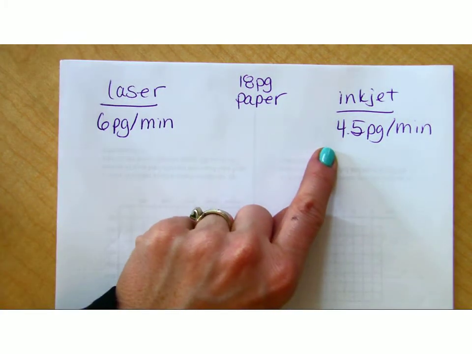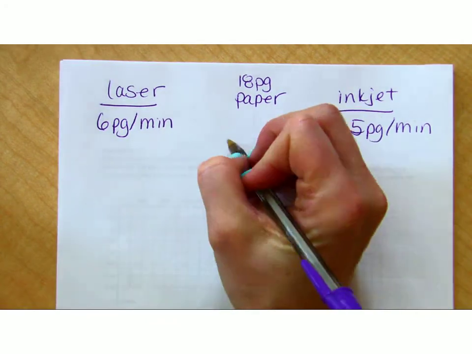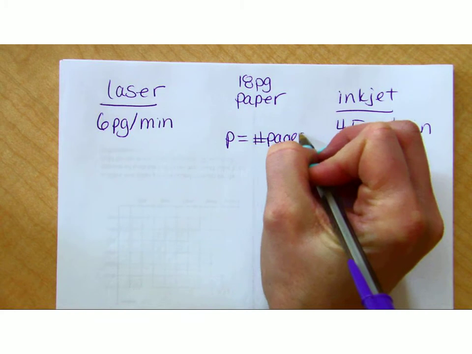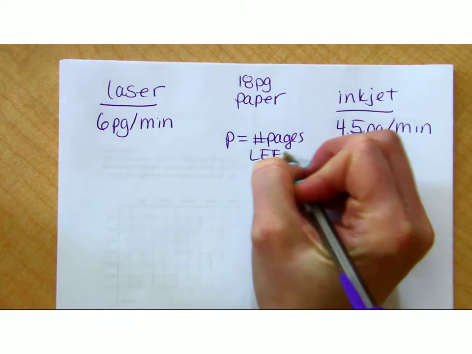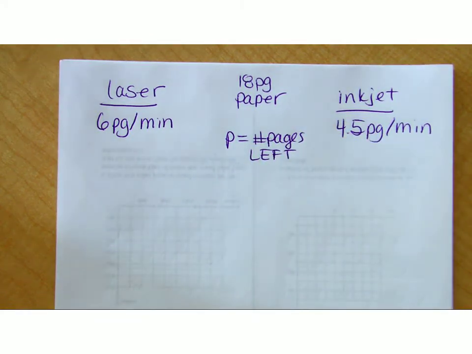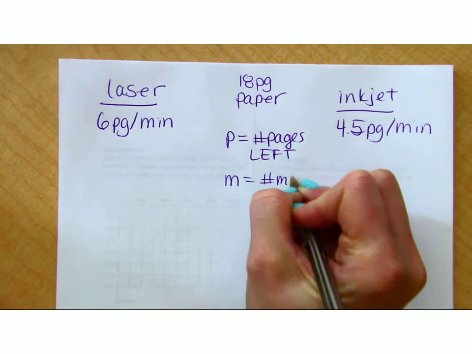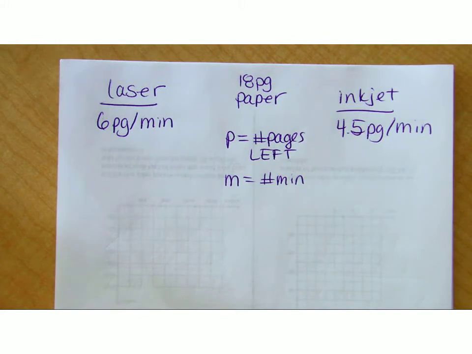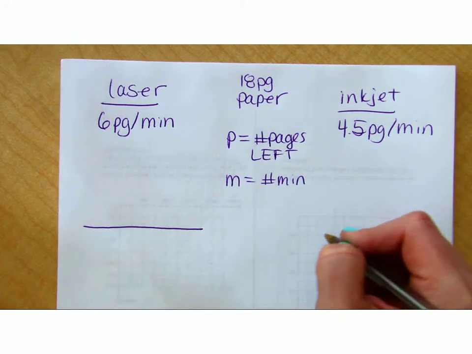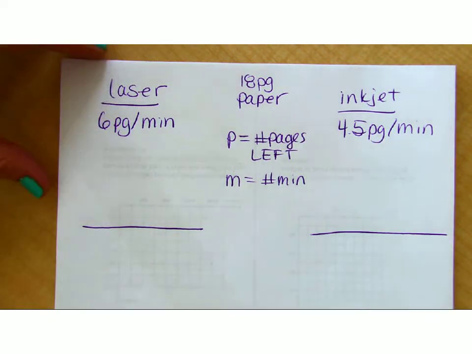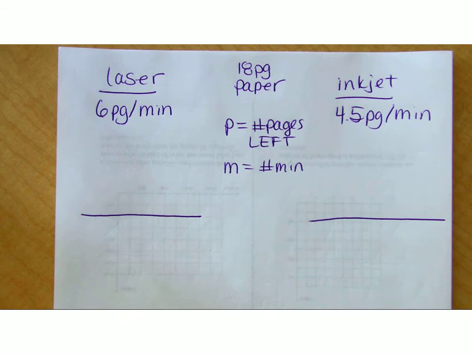So if we let P equal the number of pages left to print, and M equal the number of minutes that it's been printing for, write me an equation for each. And right now will be your test to see which way you like it better. Do you put that 18 at the end or at the beginning? Totally up to you. So go ahead and see if you can come up with that equation on your own.